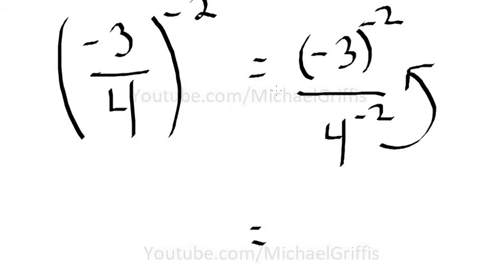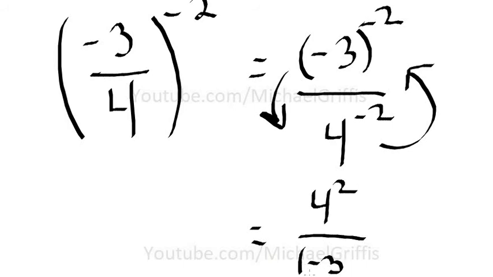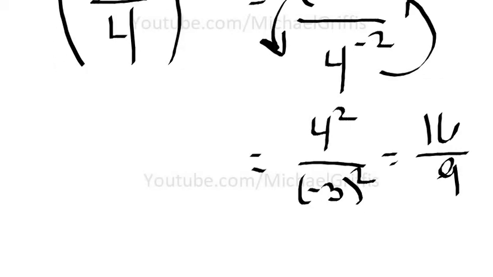We take that to the top, that to the bottom, and that becomes 4 squared over negative 3 squared, which is 16 over 9, since negative 3 times negative 3 is 9. Okay, let's look at another one here.